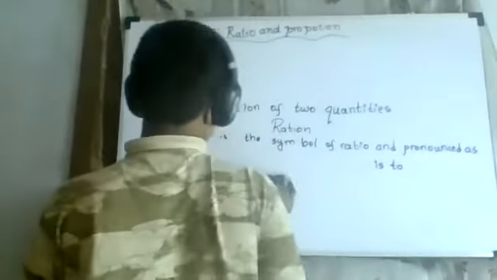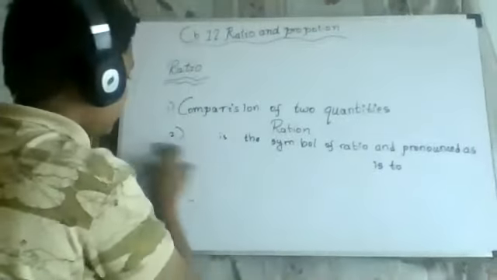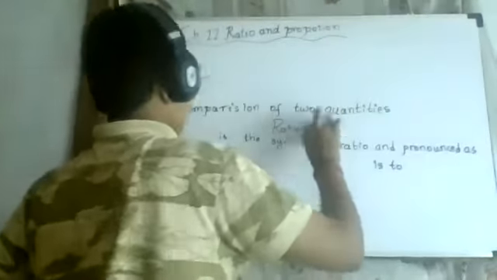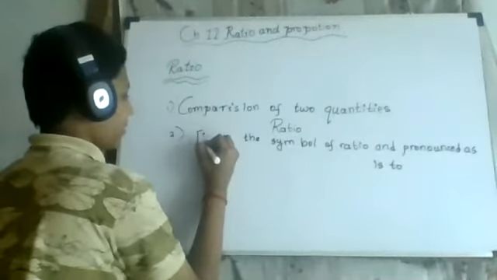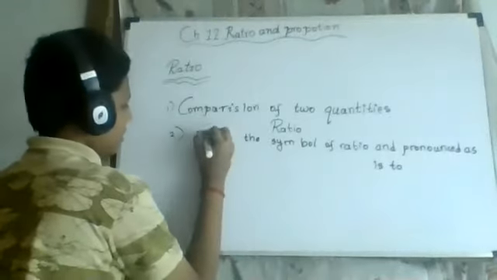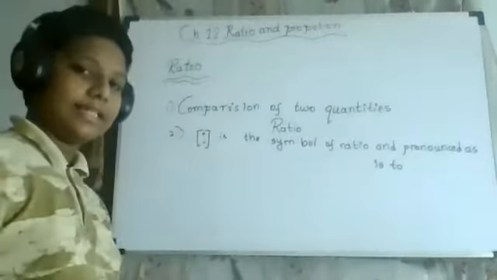So these are the two main points: the comparison of two quantities is known as ratio, and the colon is the symbol, pronounced as 'is to'.